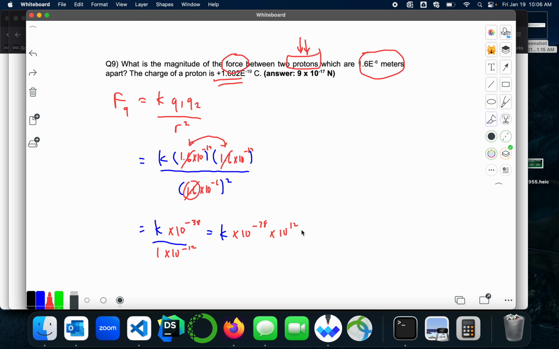Because I moved this up to the top. This is getting easier now. I'm keeping my orders of magnitude in red. This is going to be negative 38 plus 12, times 10 to the minus 26.